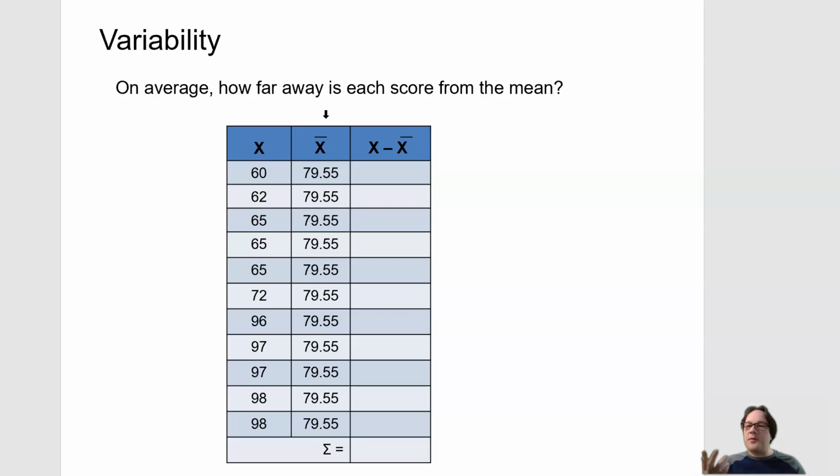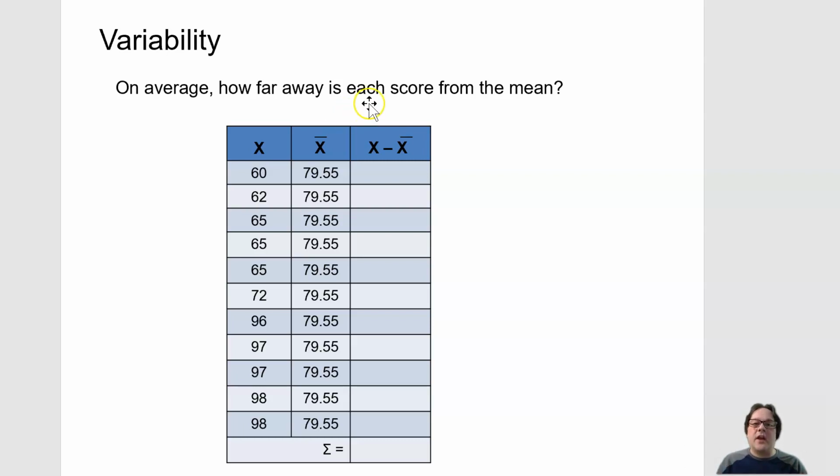Okay, so that should be pretty easy to calculate, right? All we have to do is find out how far away each score is from the mean, and then just get the average of those distances, and bam, done, right? Then we've calculated the average of how far away each score is. So let's go ahead and do that.